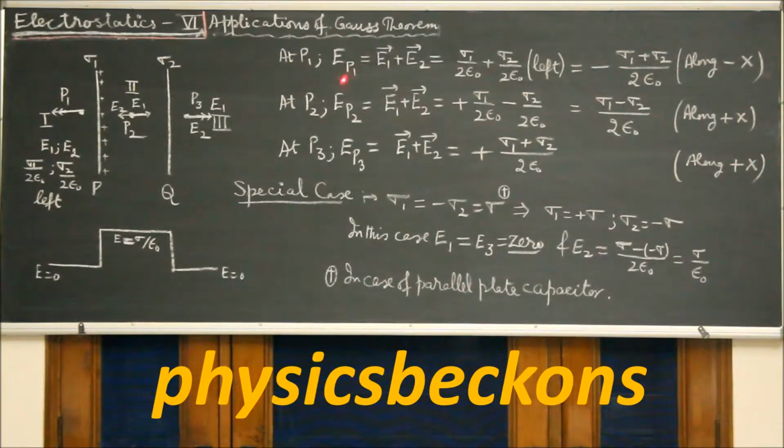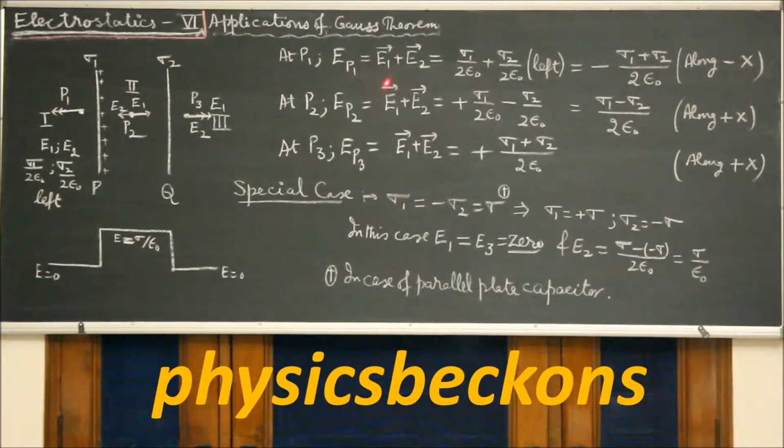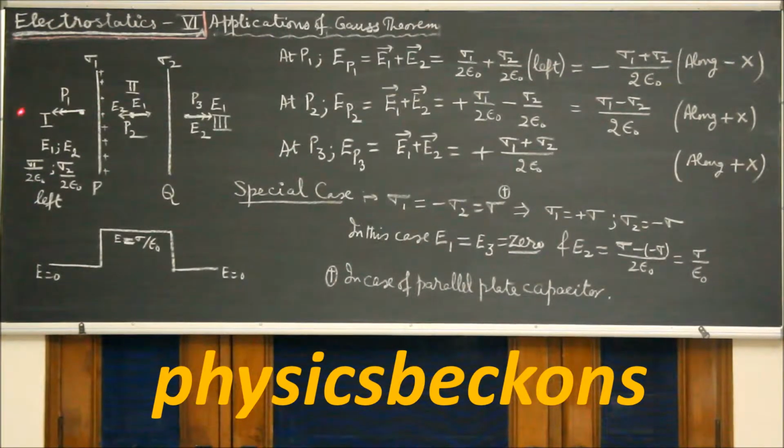So at P1, the field equals E1 plus E2, or sigma 1 over 2 epsilon naught plus sigma 2 over 2 epsilon naught, both towards the left, leading us to the expression minus sigma 1 plus sigma 2 over 2 epsilon naught along the minus x direction, and that direction is represented by this negative sign. So the field at P1 is sigma 1 plus sigma 2 over 2 epsilon naught towards the left.